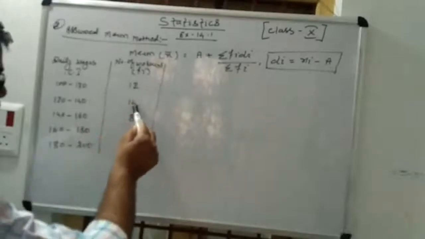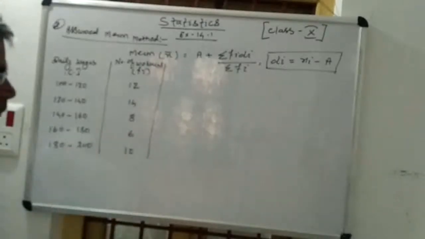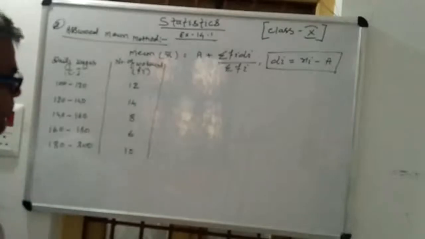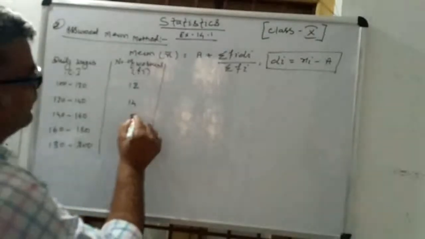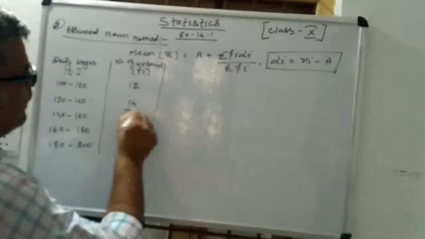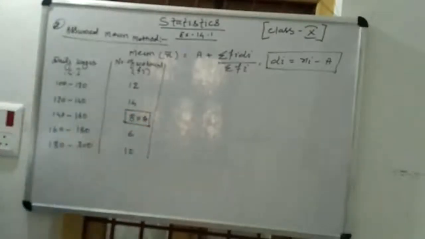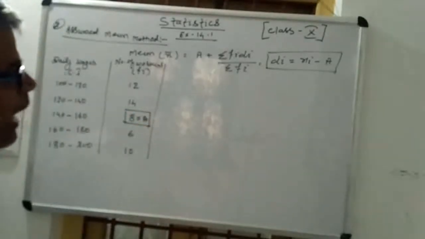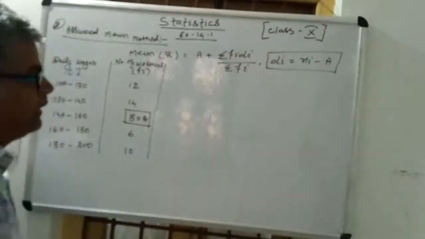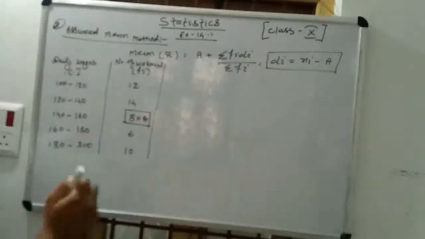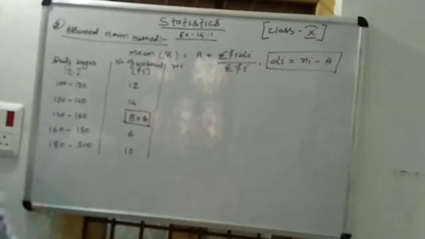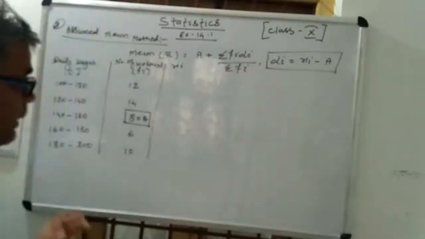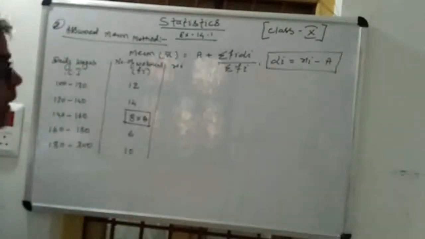There are 5 values here, so the middlemost value is assumed as a. And di equals xi minus a. So first we have to find xi. To get xi, divide the upper limit plus lower limit by 2.